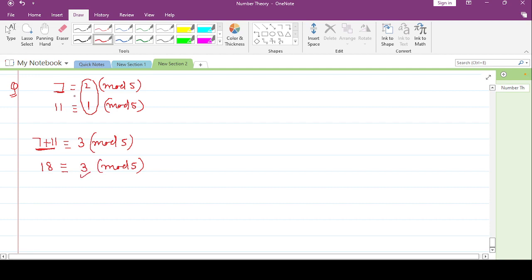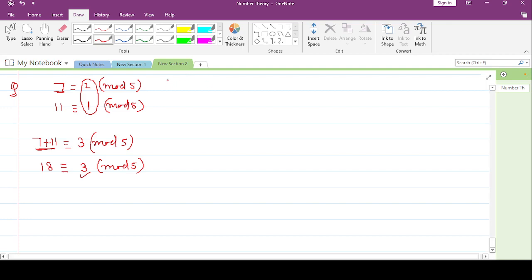So you see how useful the previous theorem is, that if you know that a is congruent to b modulo m, and c is congruent to d modulo m, then a plus c is congruent to b plus d modulo m.